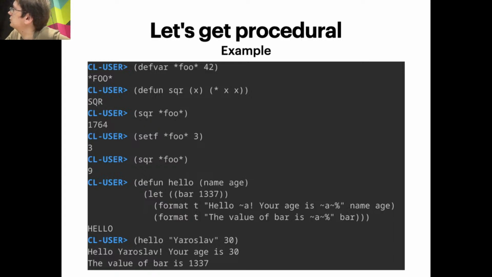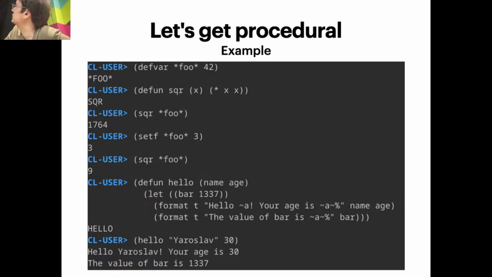Then we call it on our global variable, so square foo, which multiplies 42 by 42. Then we change the value of our variable to 3, then we call it again, and we see that the result changed. Then there is a more complex function with 2 arguments and a local variable bar.